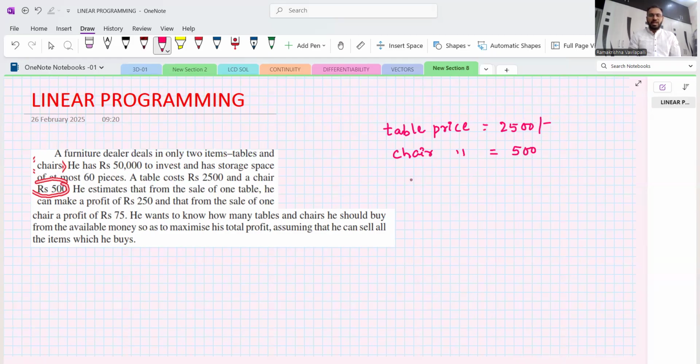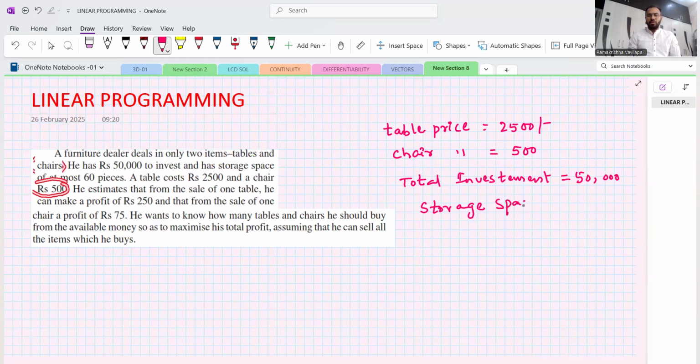Total investment is 50,000 rupees. You are going to invest only 50,000 rupees. And capacity of a hall, you can say a shop, whatever it may be: storage space.